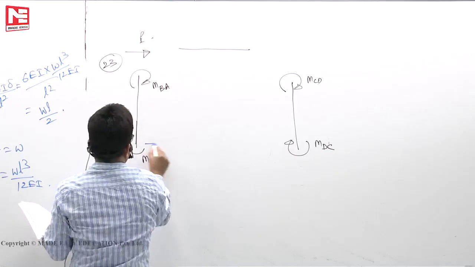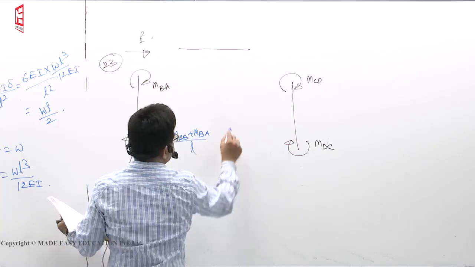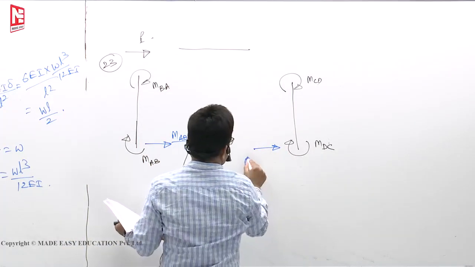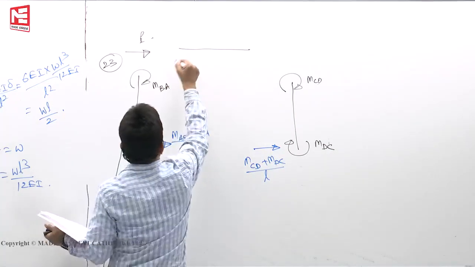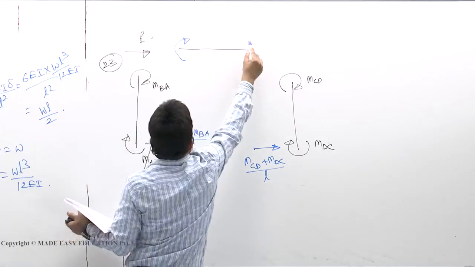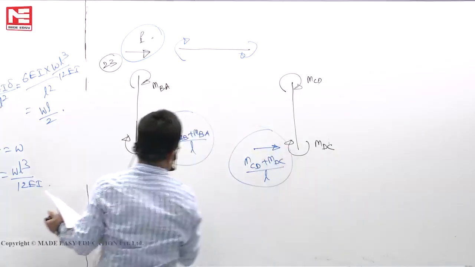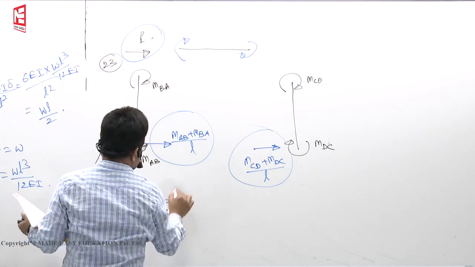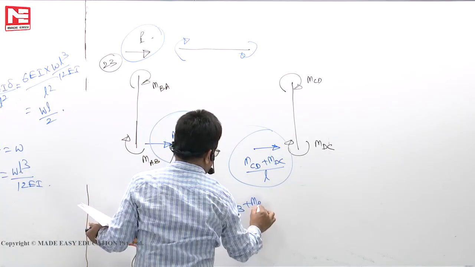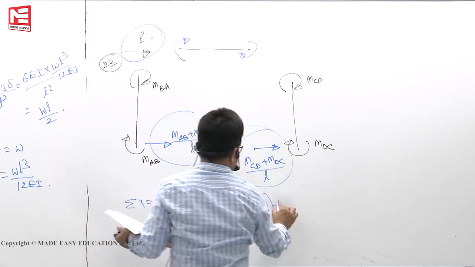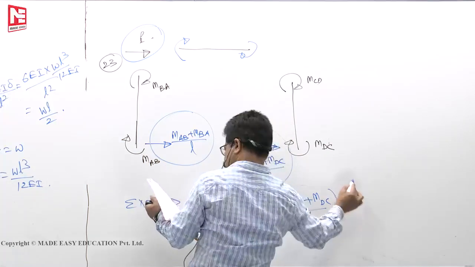When you take clockwise or anti-clockwise, MAB plus MBA by L, clockwise or anti-clockwise, MCD plus MDC by L. So whatever MBA, these are the moments clockwise will be there. We are not interested. Horizontal shear equation means P, HA, HD. That means sigma x equal to 0 deals with external reactions. Plus P plus MAB plus MBA by L plus MCD plus MDC by L must be 0.